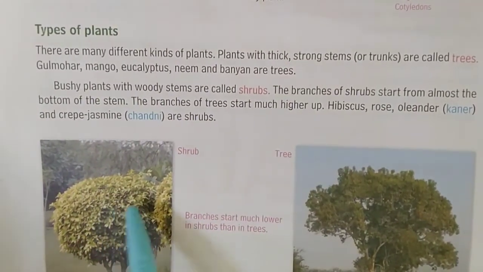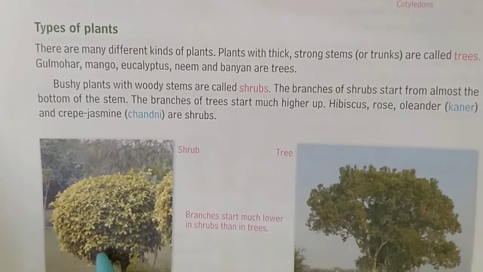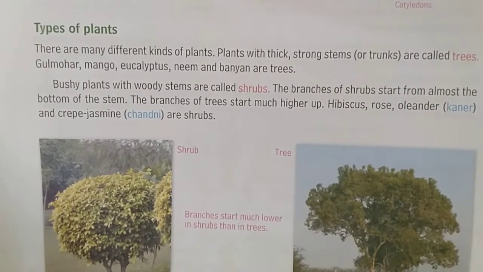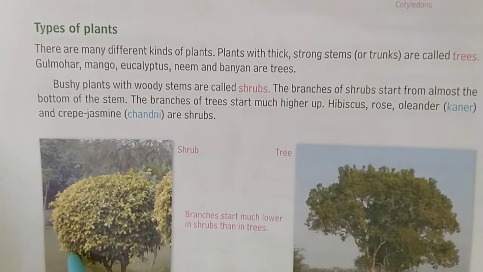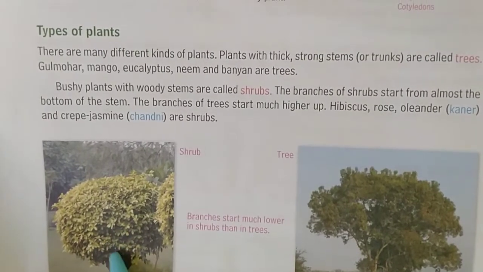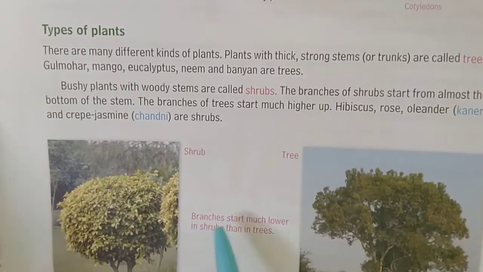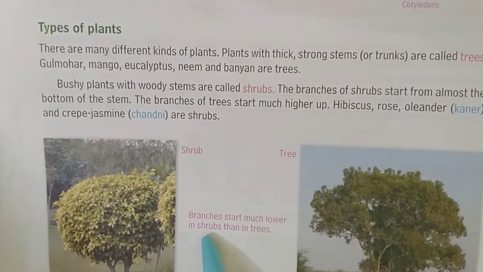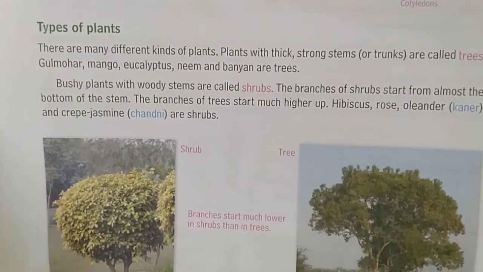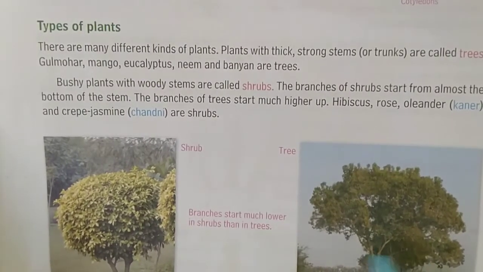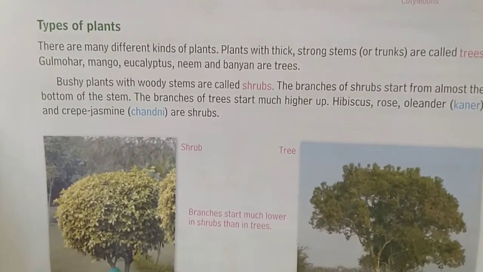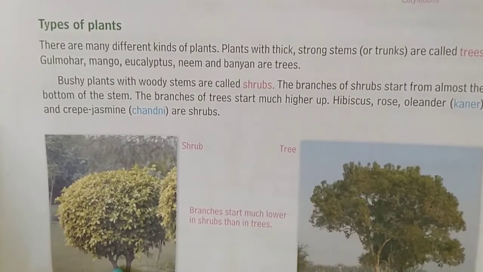If you notice, in shrubs the branches start growing from the lowest part of the stem. So this is a shrub and this is a tree. Branches start much lower in shrubs than in trees. See here the branches are starting higher, whereas in shrubs it's starting from the bottom.